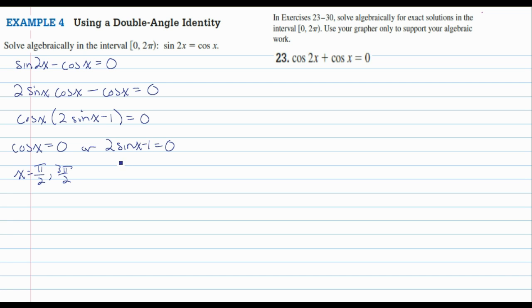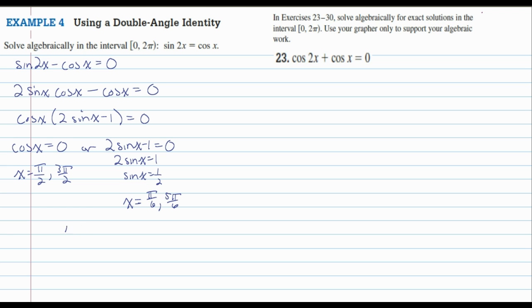Now here I would add 1 to both sides, divide by 2, and find out where the sine of x equals positive 1/2. Well, there are two values where sine of x is positive 1/2 between 0 and 2 pi, one rotation on the unit circle. That's pi over 6 and 5 pi over 6 in quadrants 1 and 2.